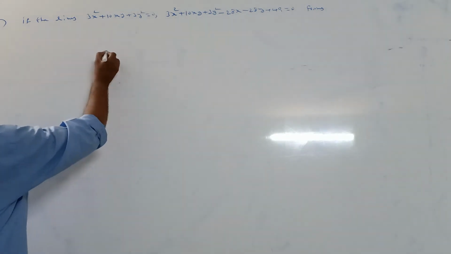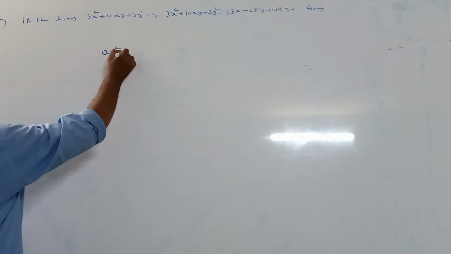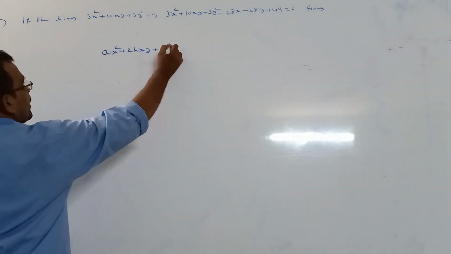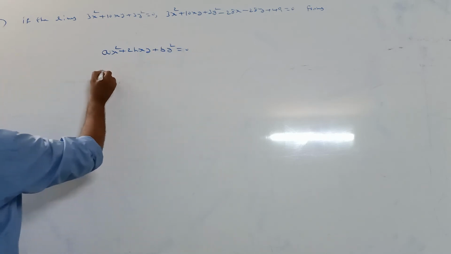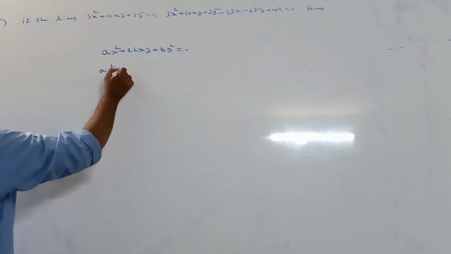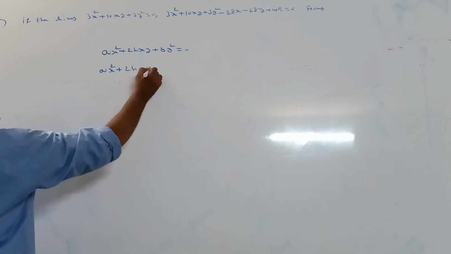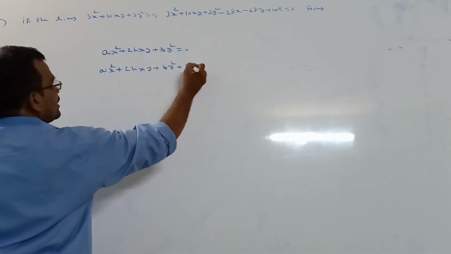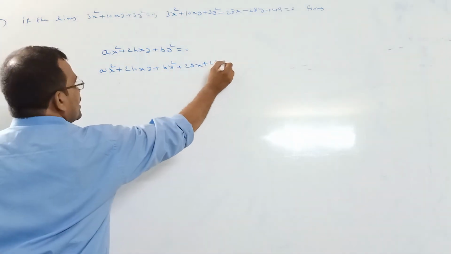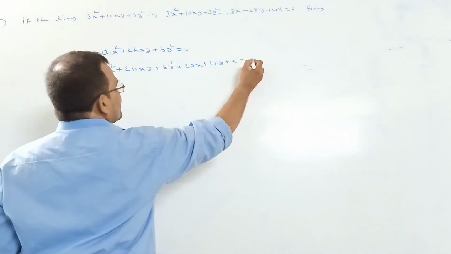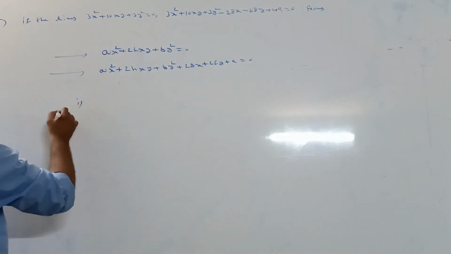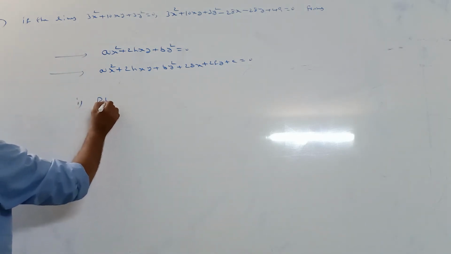See this, ax² + 2hxy + by² = 0 is homogeneous. ax² + 2hxy + by² + 2gx + 2fy + c = 0 is non-homogeneous. These four lines form, first of all, a rhombus.